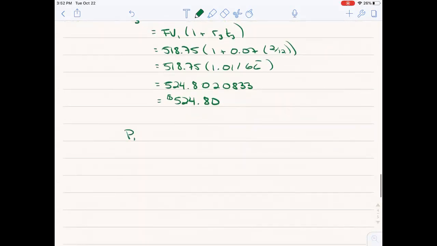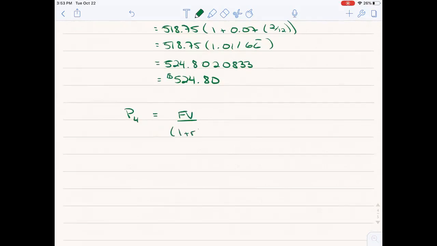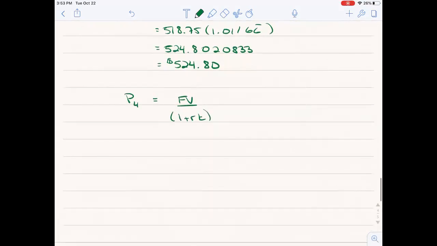And P4 is a future value over 1 plus RT. The future value is a future value that we calculated already. It's future value 2 over 1 plus R4 times T4.